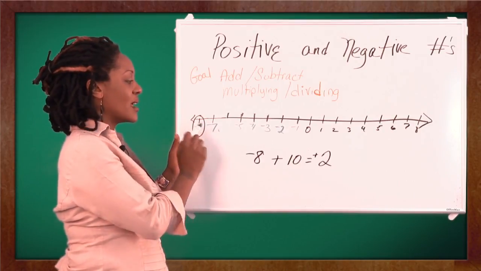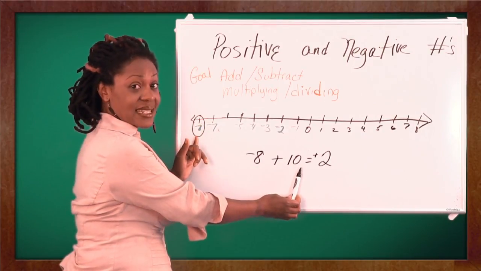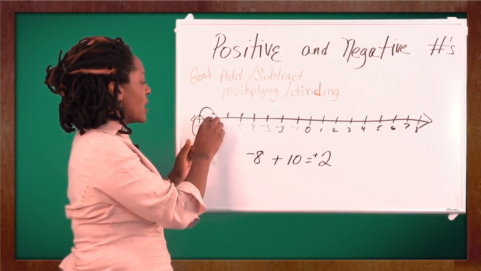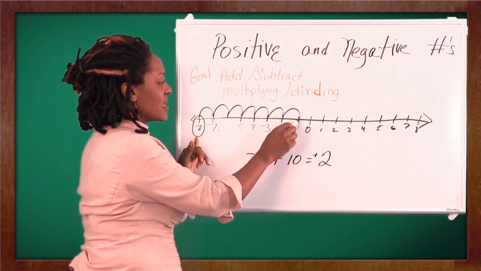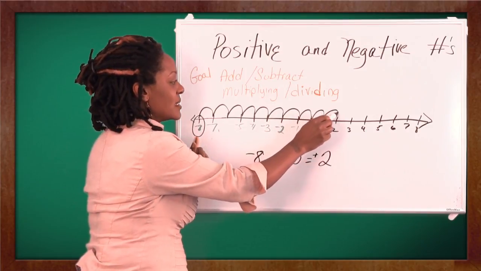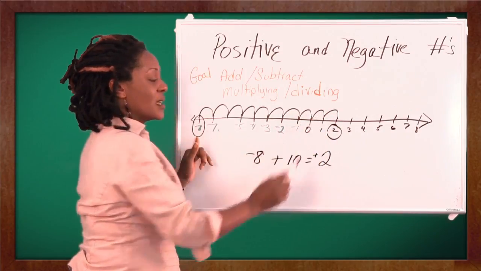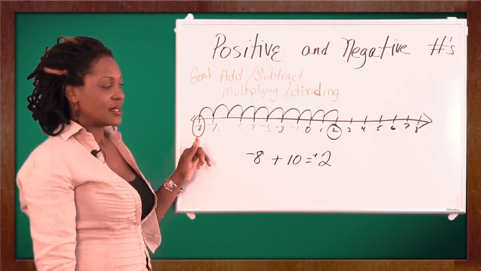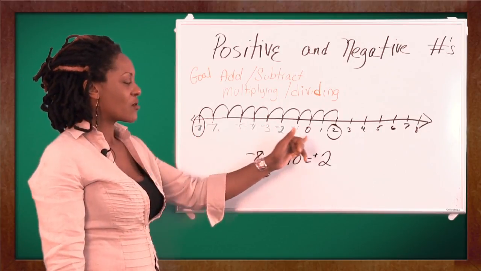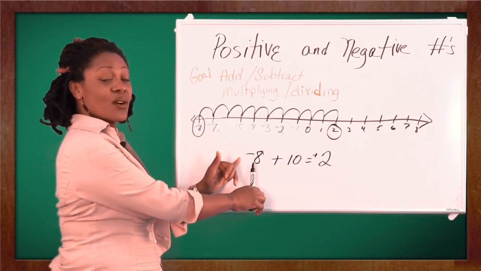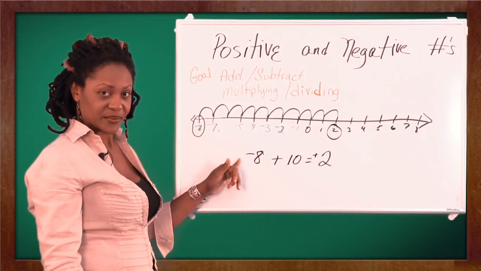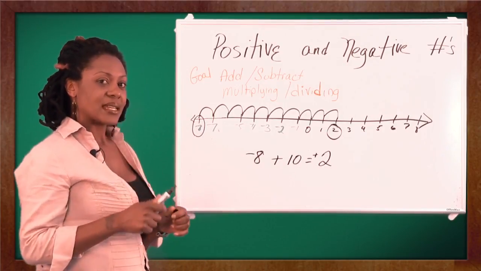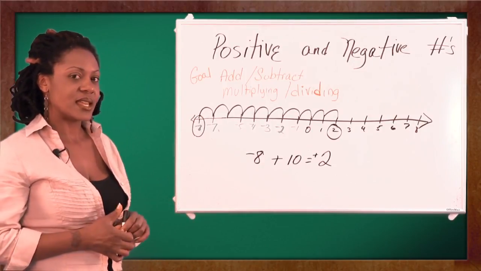Here we are at -8, and we're going to go to the right 10 spaces. 1, 2, 3, 4, 5, 6, 7, 8, 9, 10. Can you see how that happens? So we're moving across the number line. We were in the hole 8, we added 10, and now we have 2 left over. Okay? Adding using positive and negative numbers.